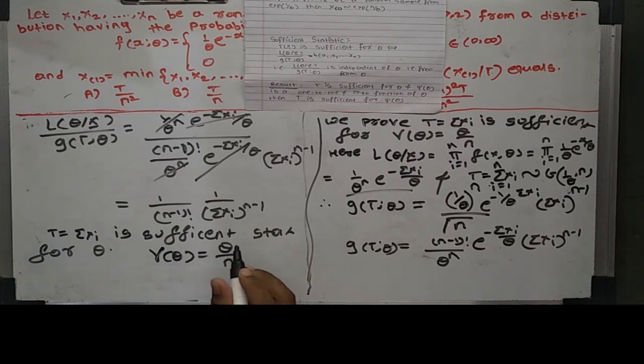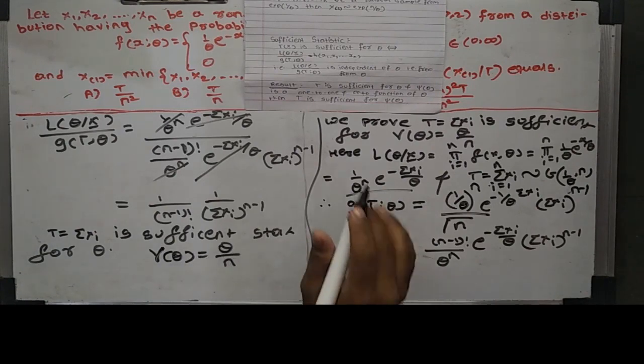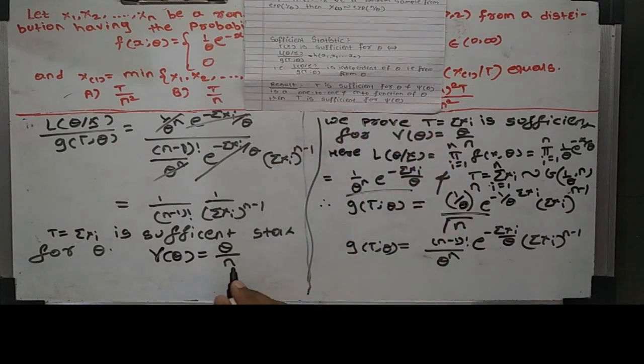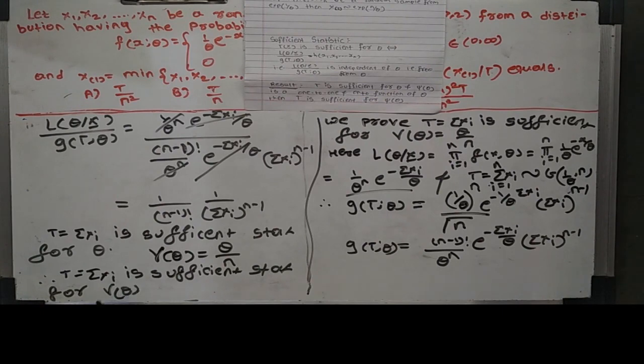Here gamma theta is a 1 to 1 function, therefore t equal to summation of xi is a sufficient statistic for gamma theta, that is, in the theorem, for psi theta equal to theta by n.